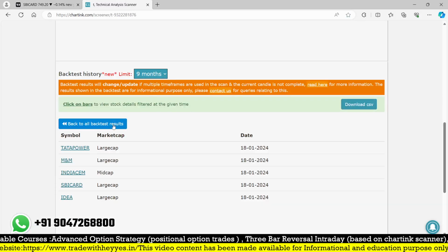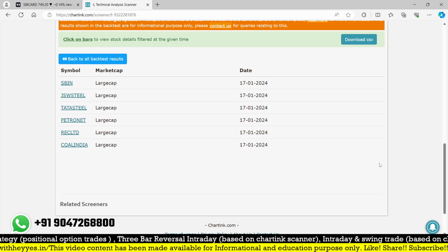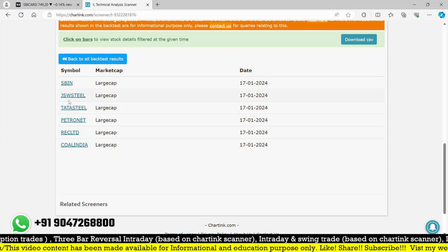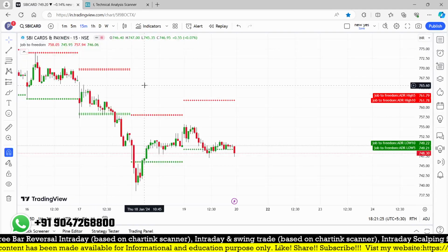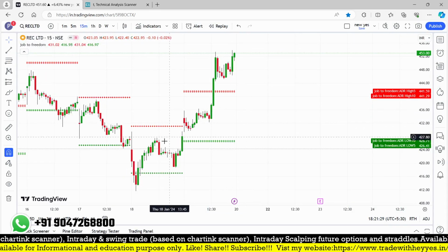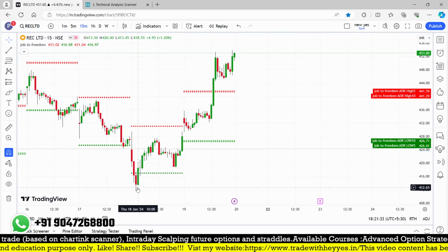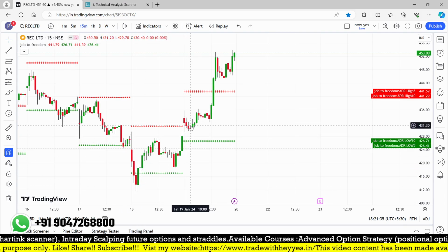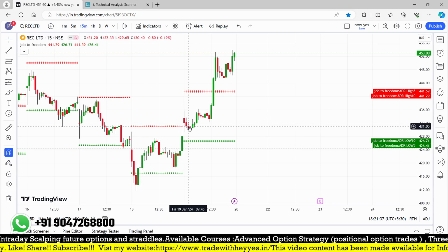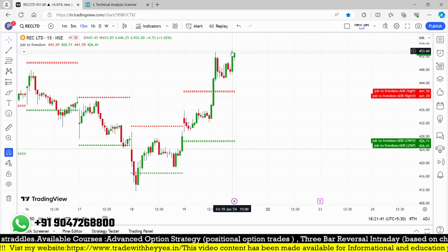So like that, we will easily find the narrow stocks from the previous day, one day before. SBI and 2 days back that we have seen, Petronet, REC. So this scanner will work. Here it is narrow, and here it closed below, then bounced back and crossed above, and from that level it gave you such a good move from 431, now it is 453.